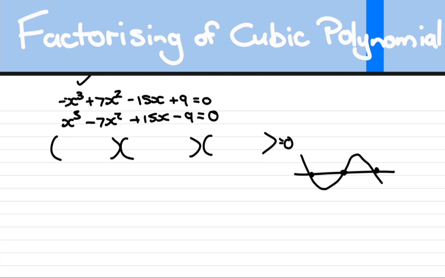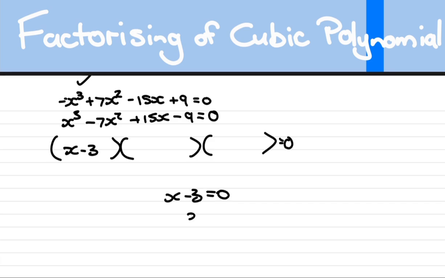Not necessarily, but potentially. I know for a fact that x equals 3 is a factor, so I'm just going to change the sign of it, because if I take this bracket and set it equal to 0, I'll find 3. So you have to take that factor and just change the sign of it.